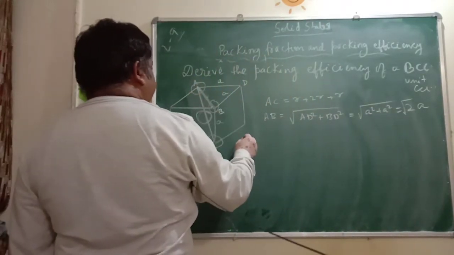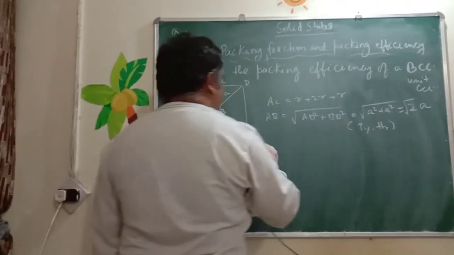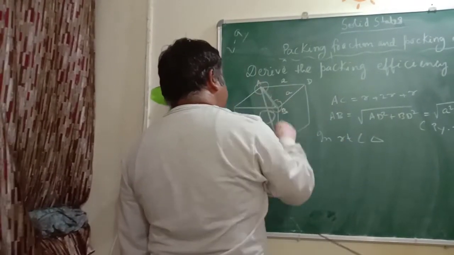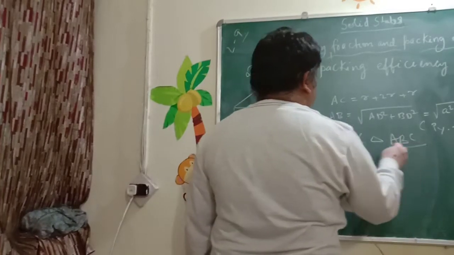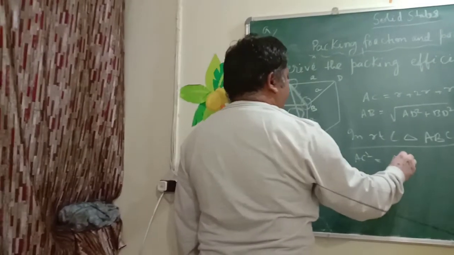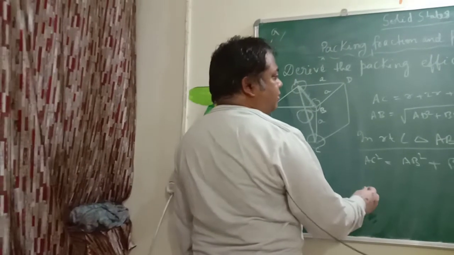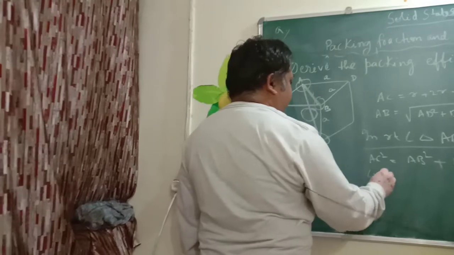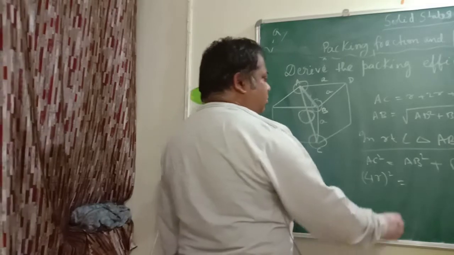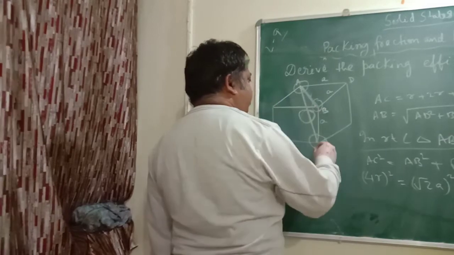Now we know this is from Pythagoras theorem. Again, in right angle triangle ABC, AC square is equal to AB square plus BC square. So for AC we can write 4R square is equal to AB, AB is root 2A square plus BC we can write as A square.